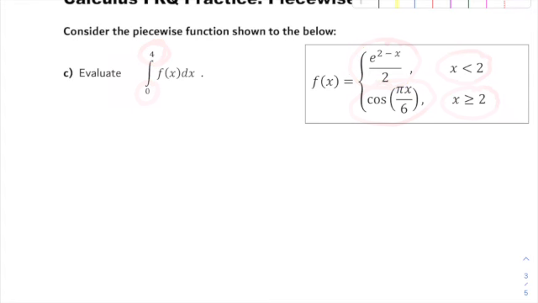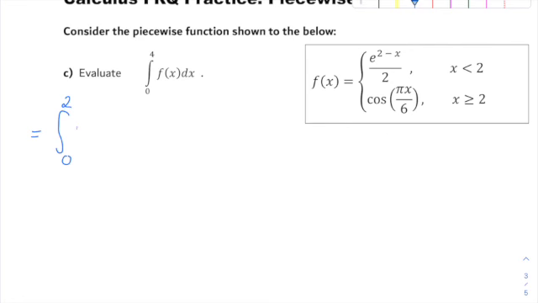So you're kind of spreading that integral across these two functions, which means you've got to break it up and make two definite integrals. So the first one from 0 to 2, that's the x value where the equation changes to the other equation.